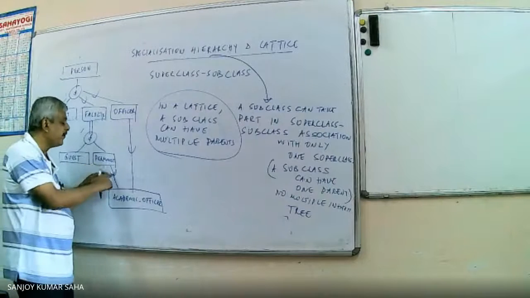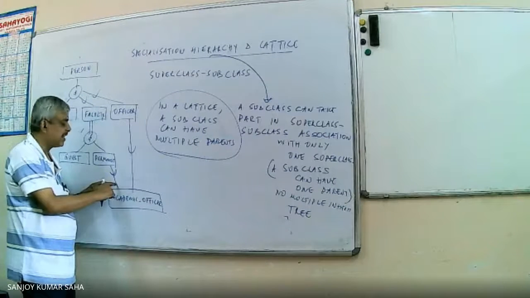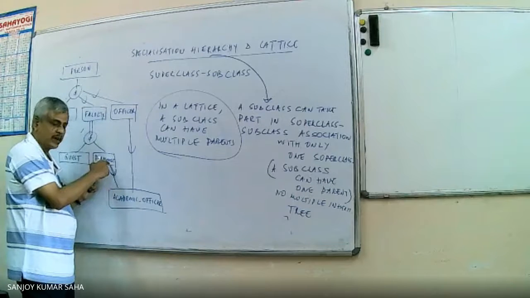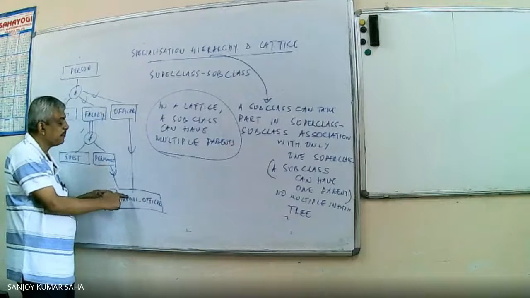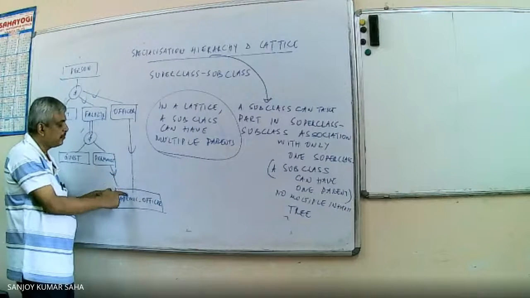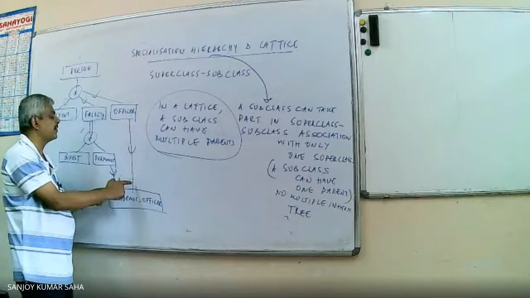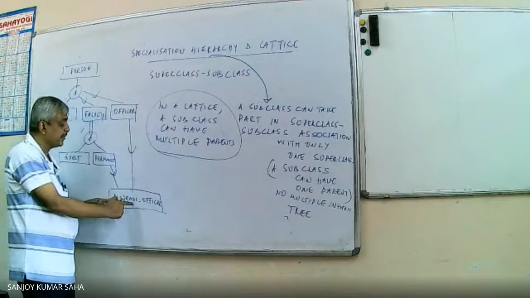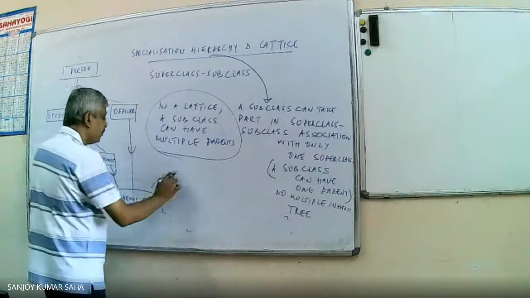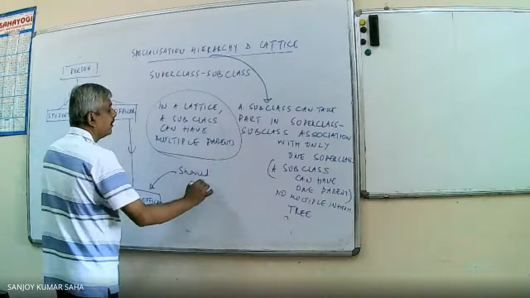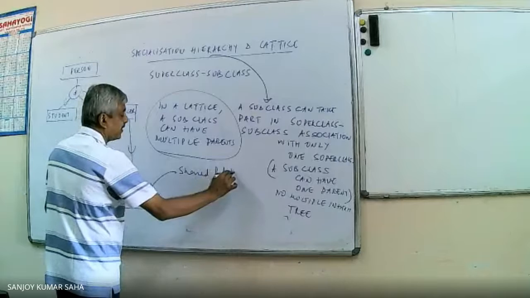But see, in every superclass-subclass specialization, there is only one superclass. So it is taking part in multiple superclass-subclass specializations, but for each of them, there is only one parent. So anyway, this one is a shared relation.